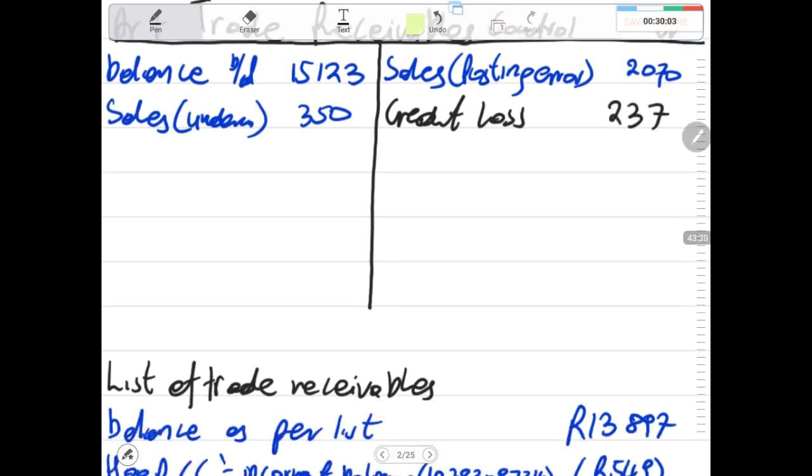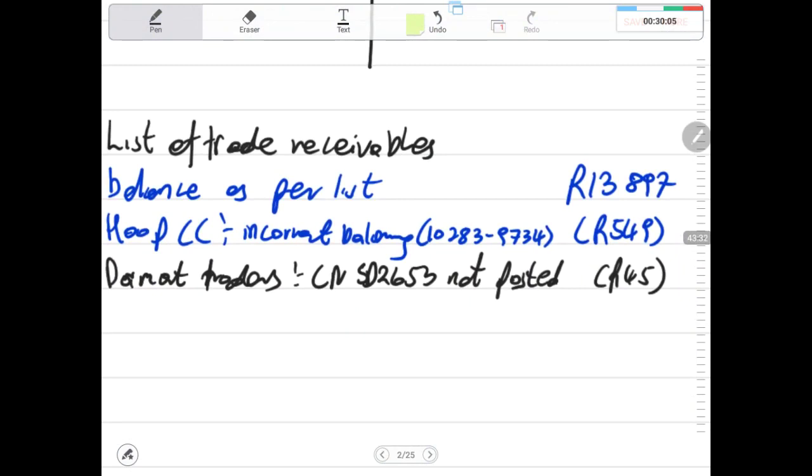He will not pay us again. So now we also need to do the same thing in the list of debtors, because they said it must be recorded everywhere. We have Slot Stationers written off.